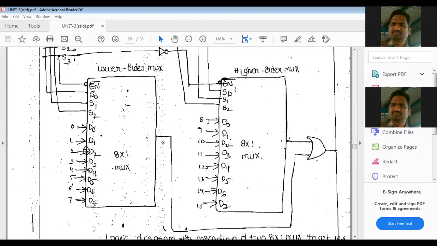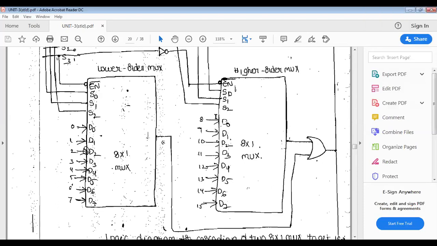You see, in the higher order multiplexer, whatever the first input is will appear at the output side. That is not D0, it is D8. And the second input of the OR gate is a 0 because it is disabled, sorry, not enabled. It is disabled. And 0, 0, 1, D9 will appear here. And 0, 1, 0, D10 will appear here. And 0, 1, 1, D11 will appear.